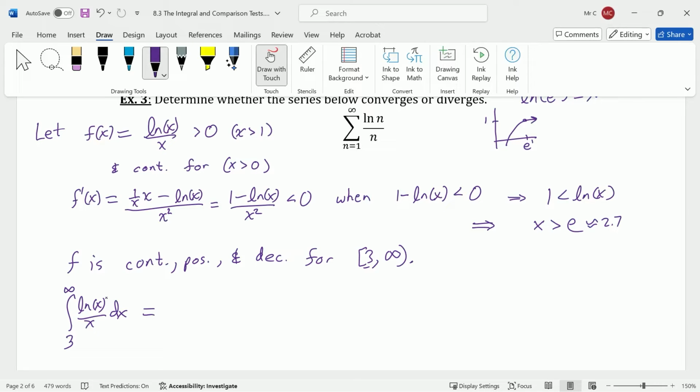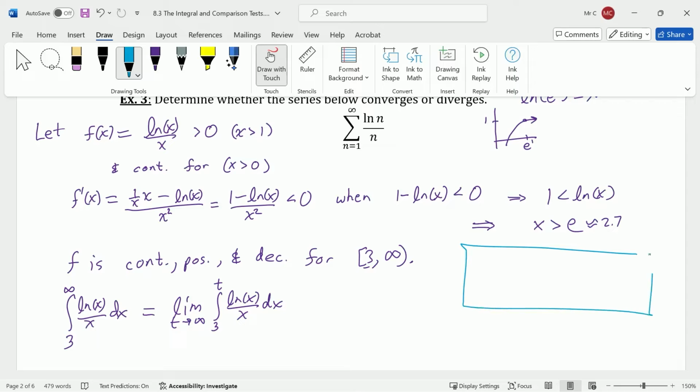Okay, anyways, moving on, we've got the limit as t goes to infinity of the integral from 3 to t of ln of x over x dx. And so I've got to do a u substitution, which I'm going to write up over here. u is going to be ln of x, which makes du 1 over x dx.